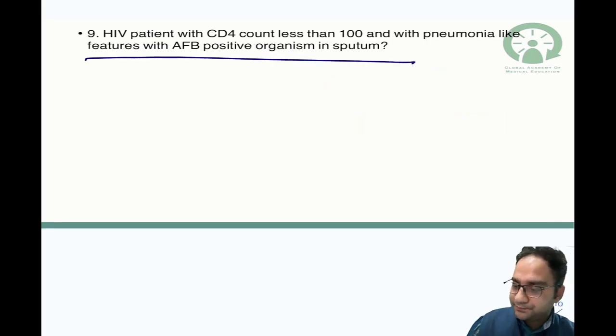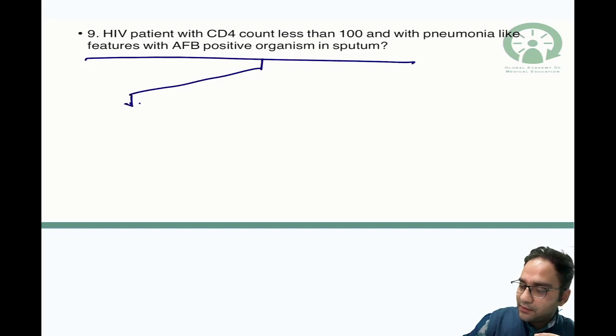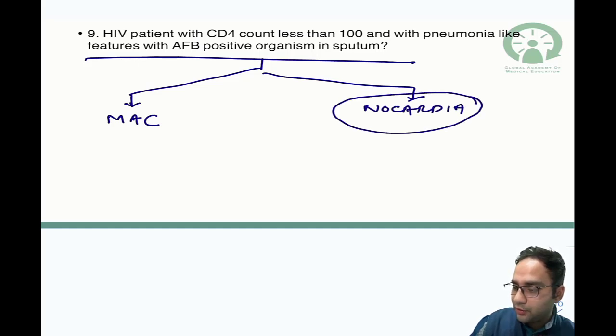Next question was an HIV patient with CD4 count less than 100 and a pneumonia-like presentation with presence of AFB positive organism in sputum. Now students, here there are two confusions, as the answer could be MAC or nocardia.